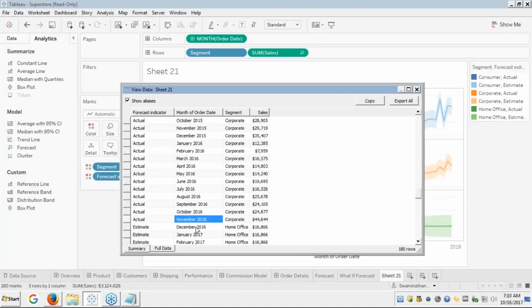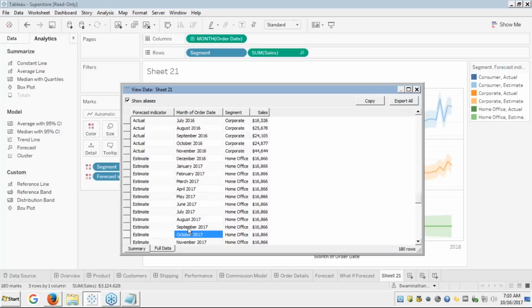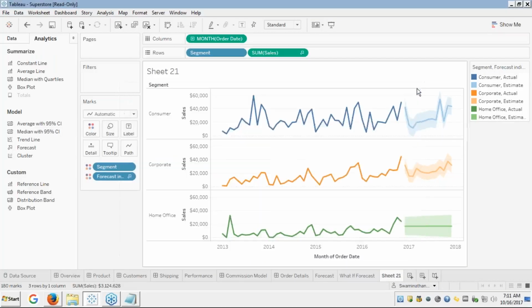So it has taken the actual data until November 2016, and it is finding the estimate from December until the next one full year. So until December 2017 it is giving us the estimate for all three segments here.